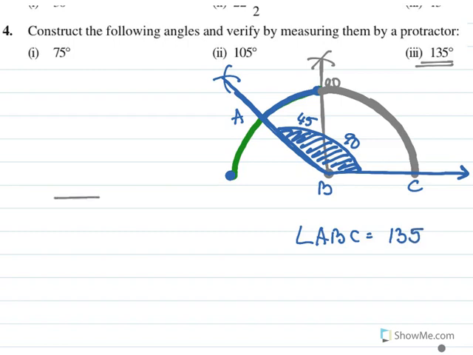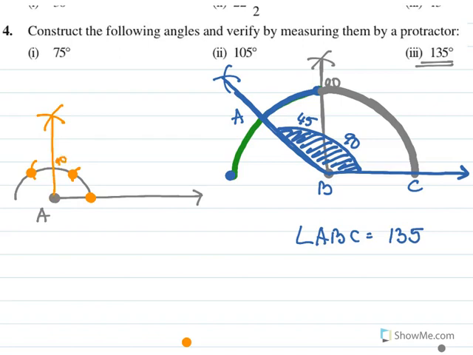So I'll just repeat it. So first step, you draw a ray. You take the point A and then you draw an arc. Then keep your compass at this point and you cut one arc, and then same cut another arc. Then you keep your compass at these 2 points, bisect, and you got your 90.